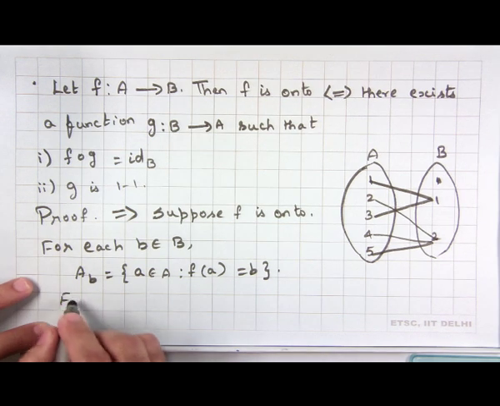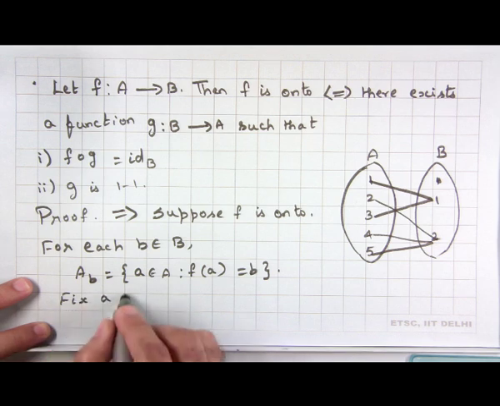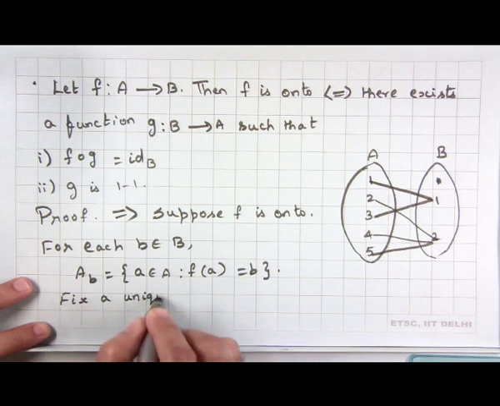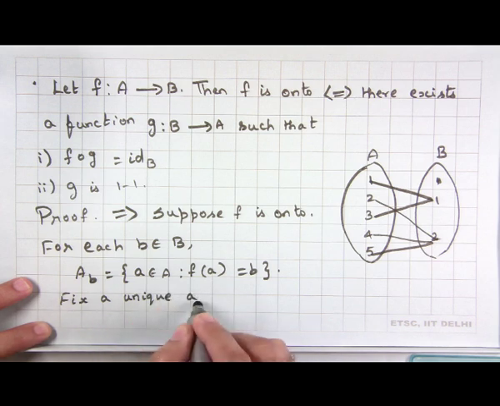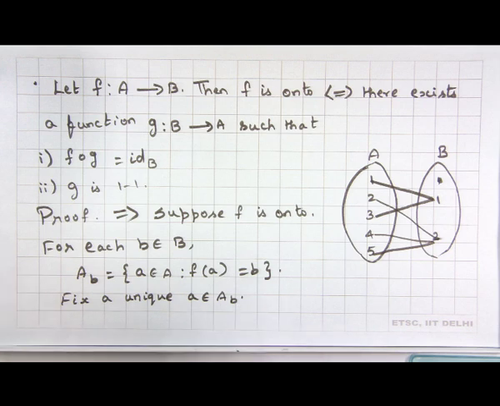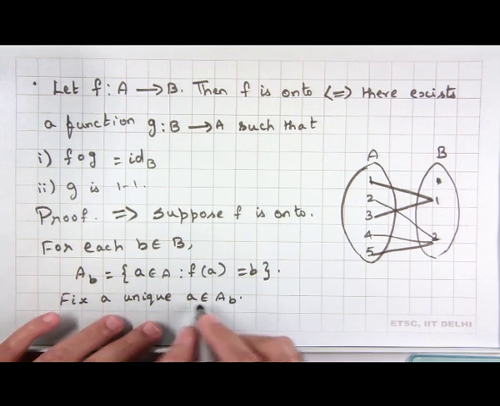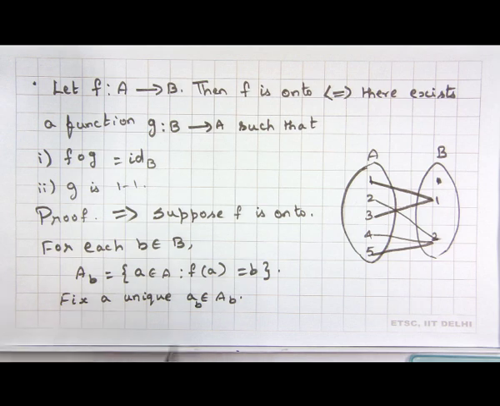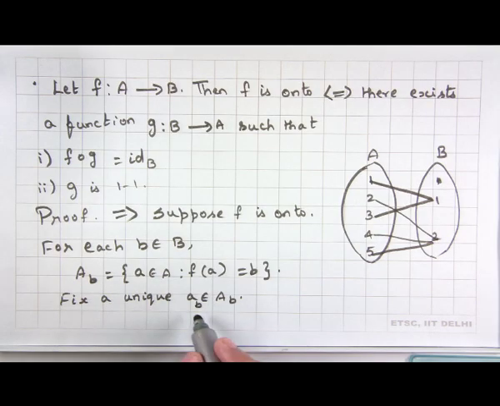So, fix a unique a in A_b. This a depends on the element b, so which means for each b in the codomain I have chosen an element a from the set A_b.